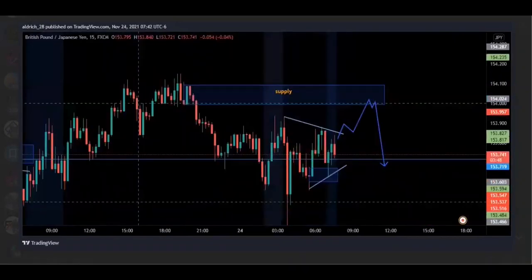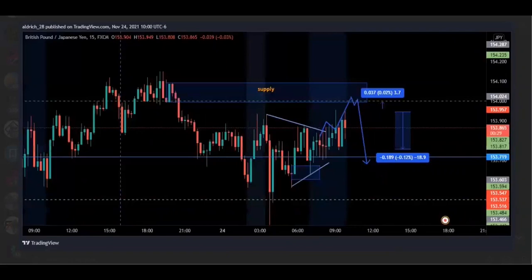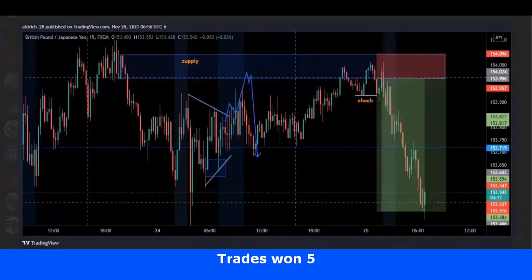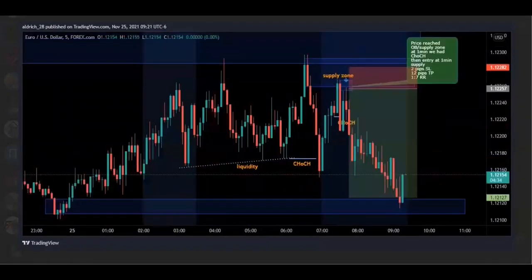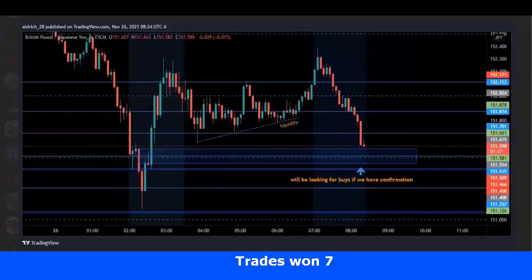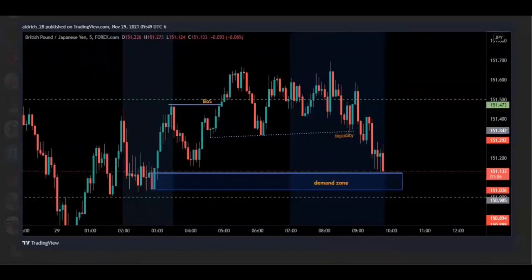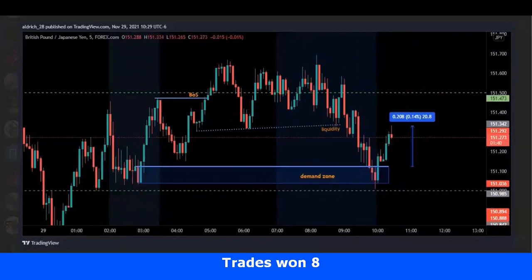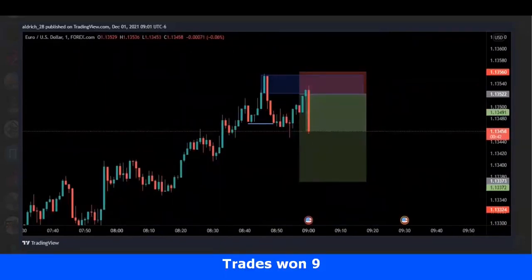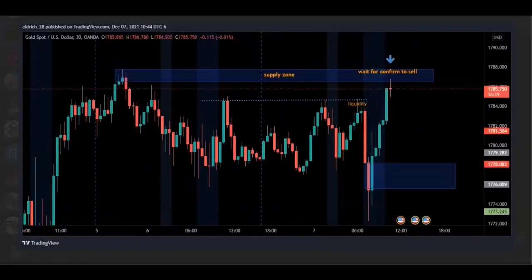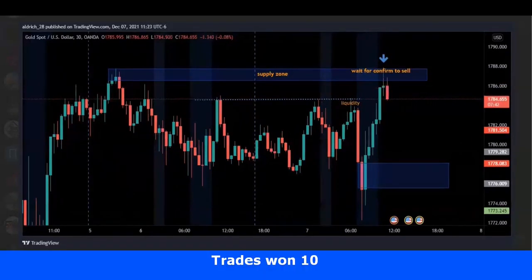This is the trade we explained. The before was developing and the after, right? Another winner, another win, the before and after, another, the before and after, and this was the last trade, at gold, the before and after.